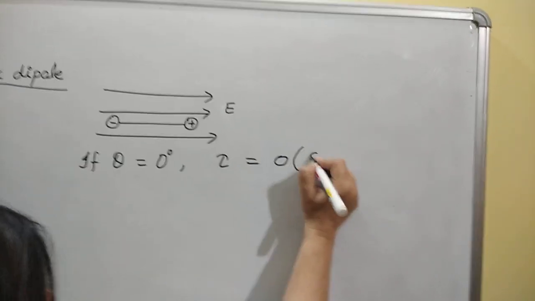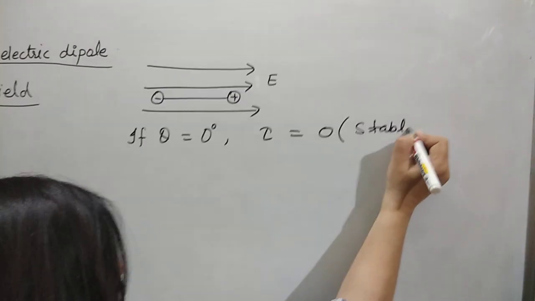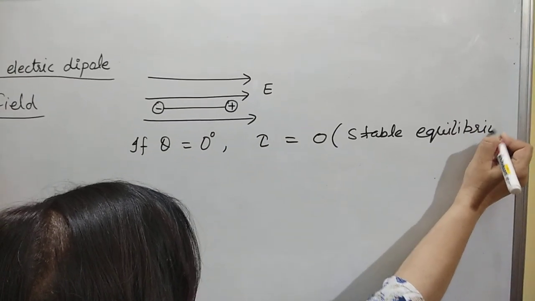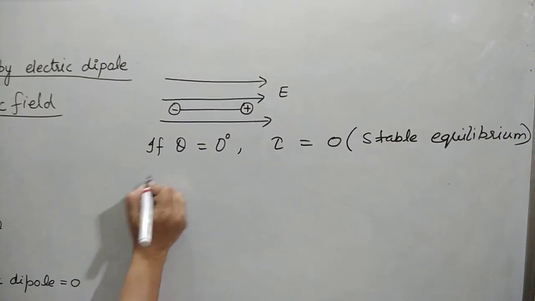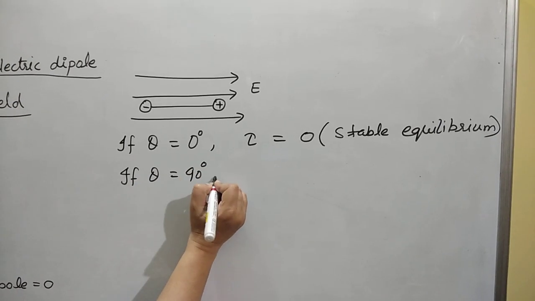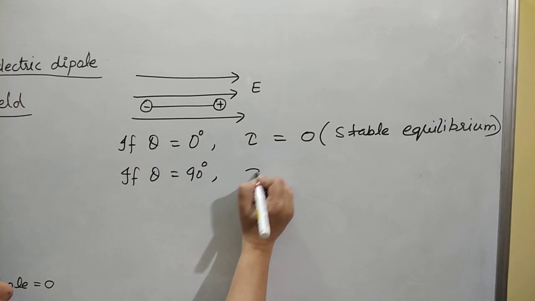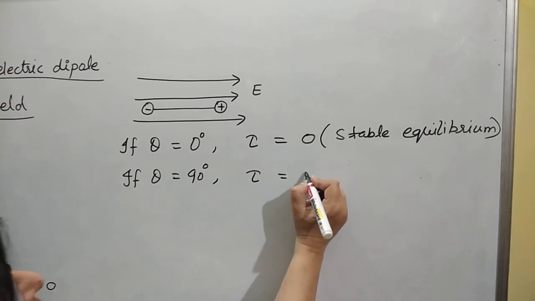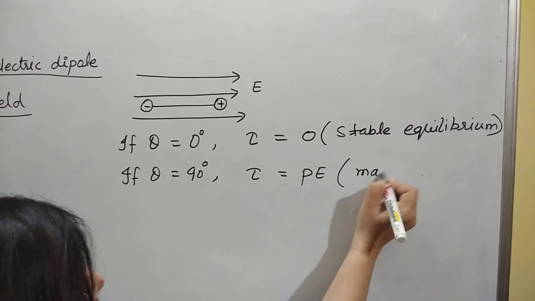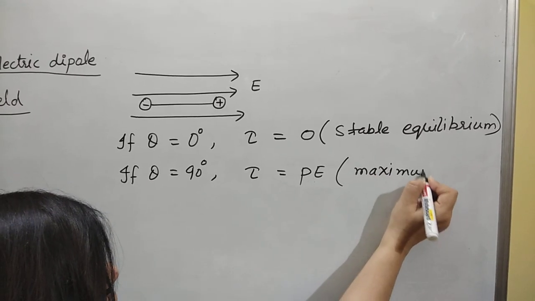This is called its stable equilibrium position. If theta is 90, that means the dipole is perpendicular to the electric field. Torque will be P into E. In this position, it experiences maximum torque.